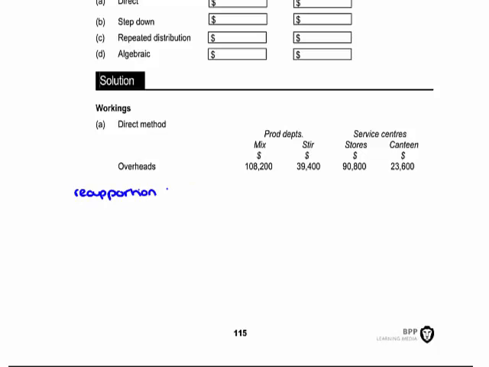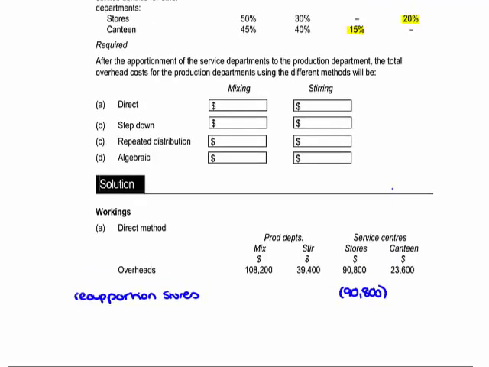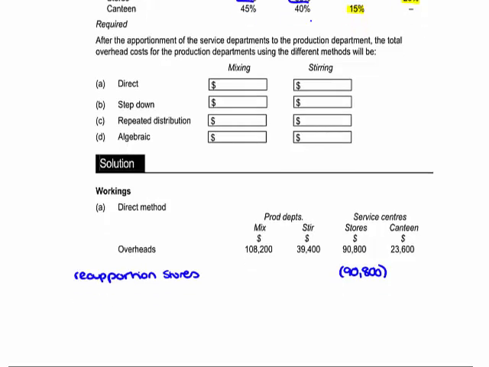So I'm going to start off by reapportioning the stores department. So I've got 90,800 to take out of the stores department. And I'm not going to split it 50-50. I'm going to split it based on the amount of work that the stores department does for the other departments. So 5/8 of the store department work is for the mixing department, so I will allocate 5/8 of the store's overheads to it.